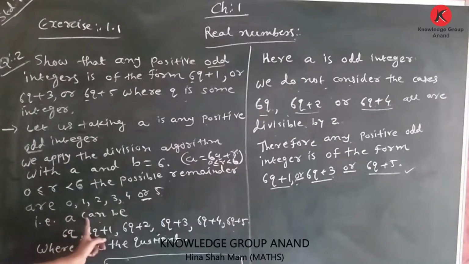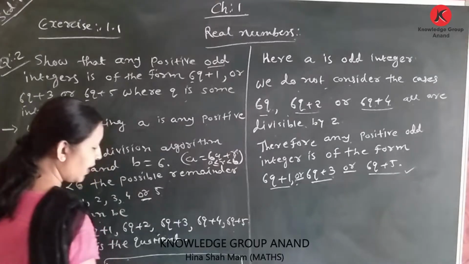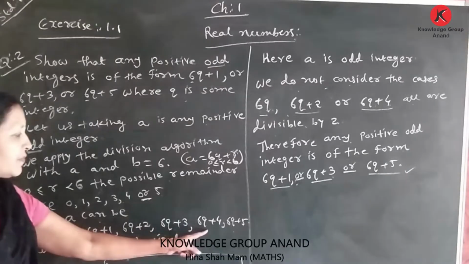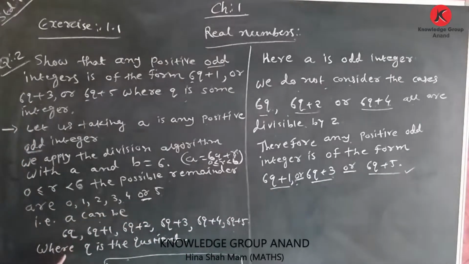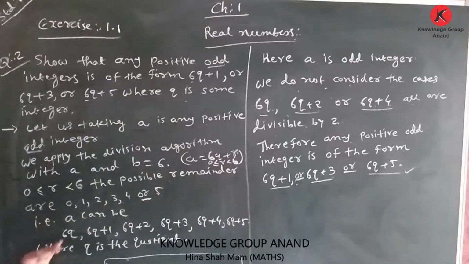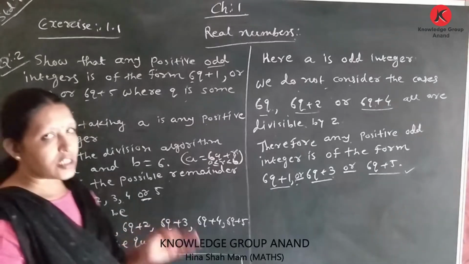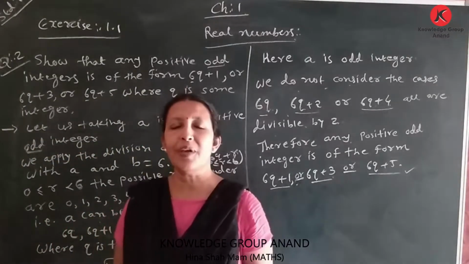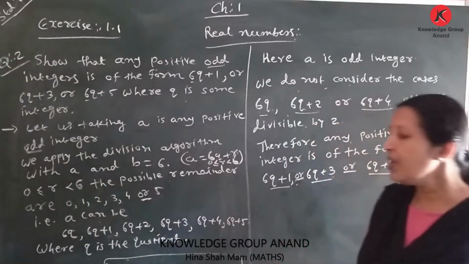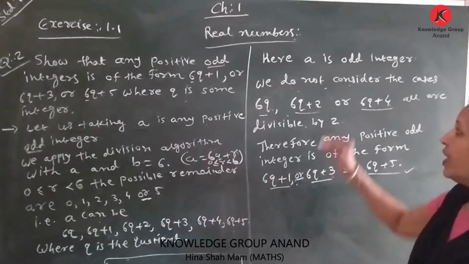So a can be written as 6q, 6q plus 1, 6q plus 2, 6q plus 3, 6q plus 4, or 6q plus 5, where q is the quotient and r is the remainder, here 0, 1, 2, 3, 4, 5.